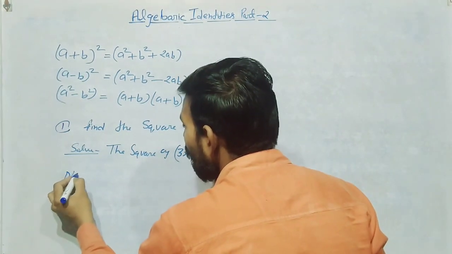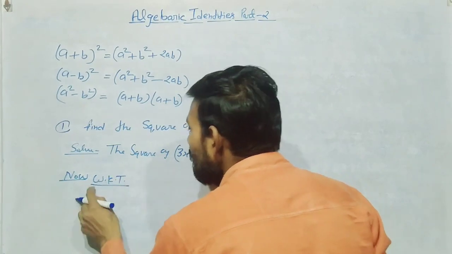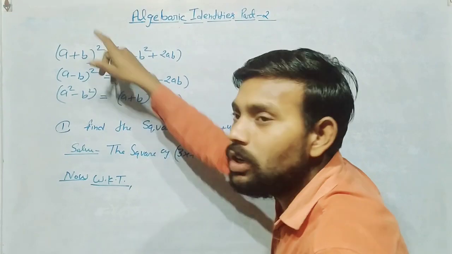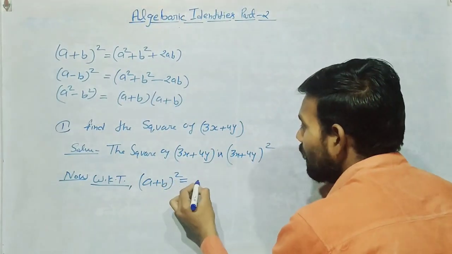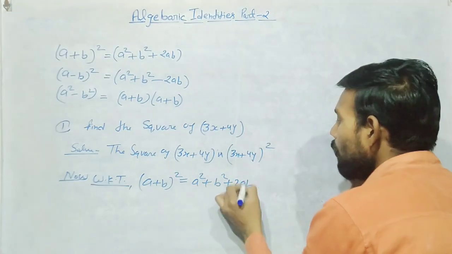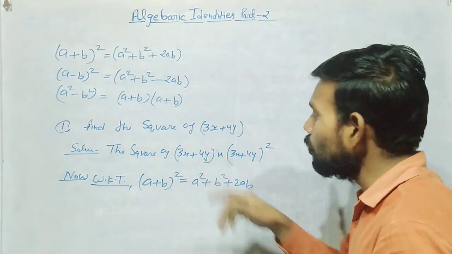Now we know that, WKT, this is in the form of a plus b to the whole square. So a plus b to the whole square is equal to a square plus b square plus twice of ab, and here a is equal to 3x, b is equal to 4y.